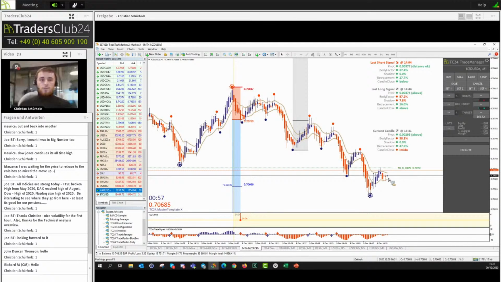Could receive this as a signal candle here if there's some movement.